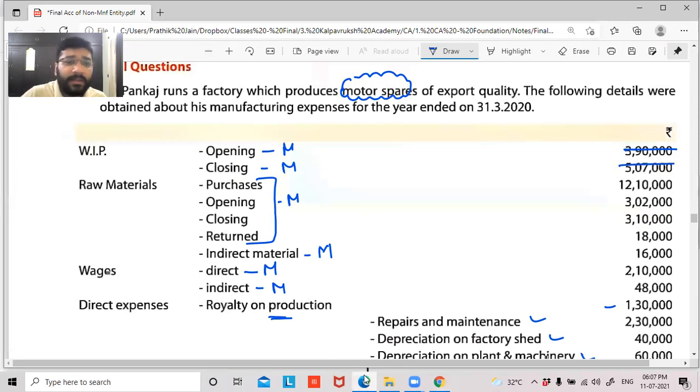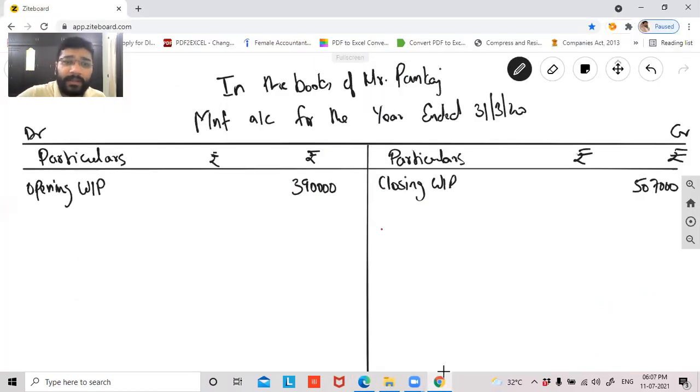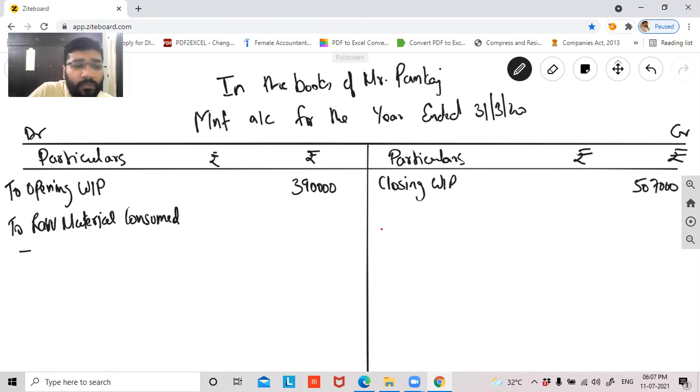Then purchase, guys, purchase of raw material. So I need to record 'to raw material consumed' or 'to raw material consumption'. So how do we get this? Opening stock of raw material.